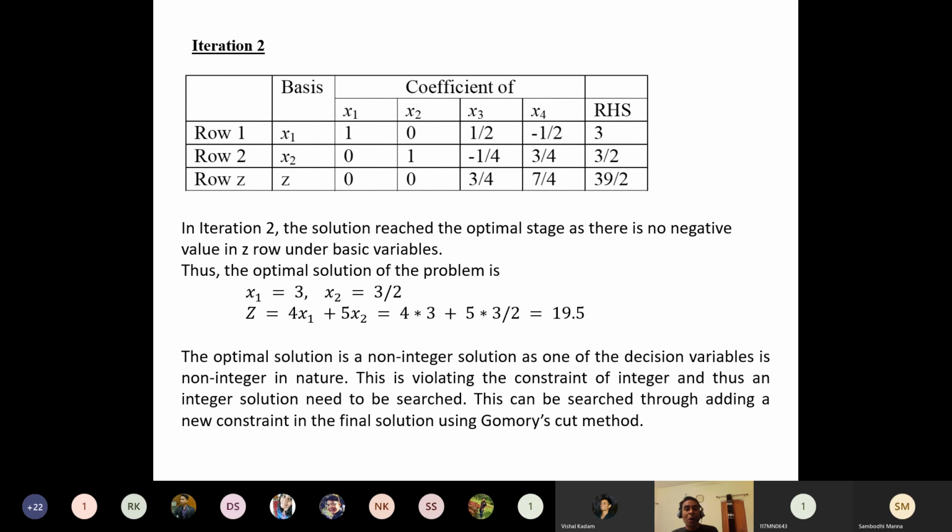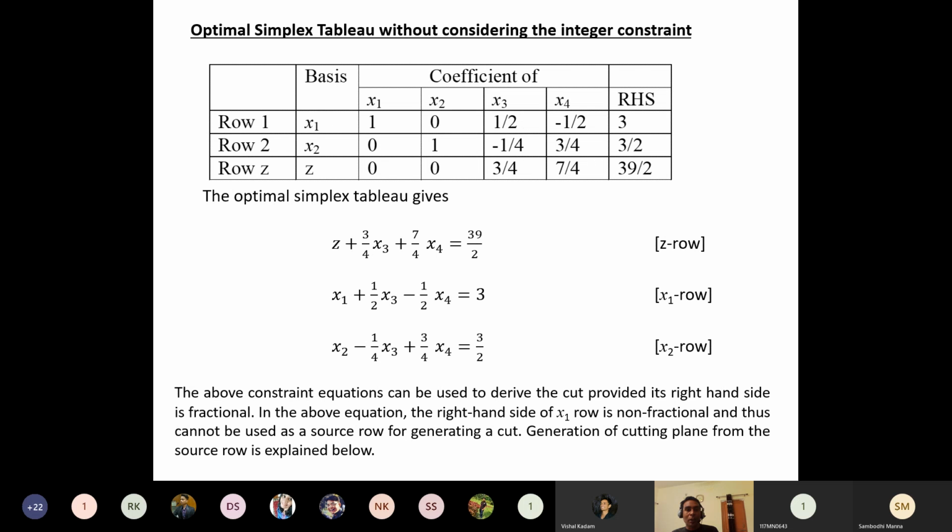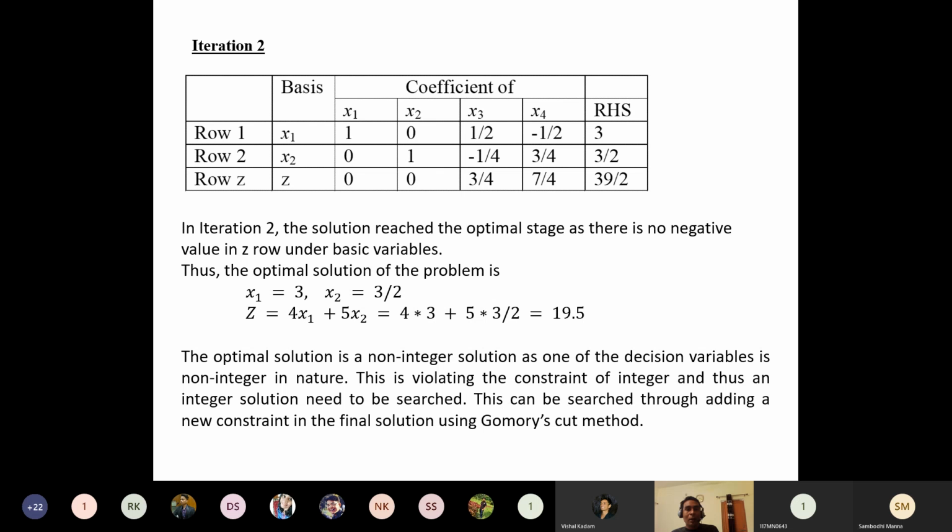That means we are narrowing down our solution space, the feasible region, to obtain the optimal integer solution. Now, how can we derive the cutting plane?